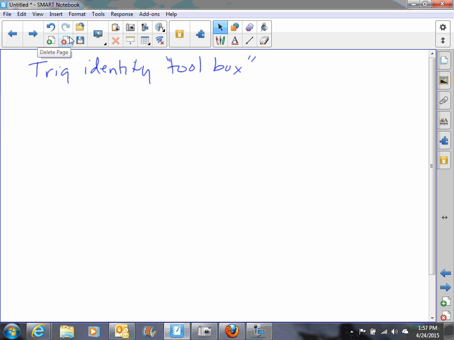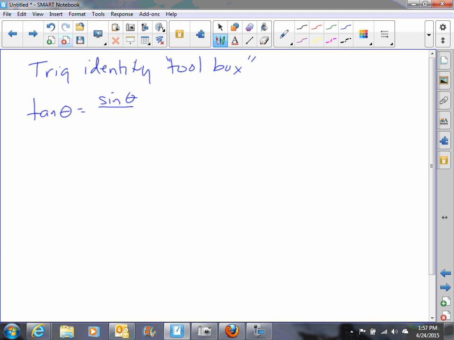A little bit earlier, in the first section of chapter 14, there were some basic identities given in a concept block, and they were things like the tangent of theta is equal to the sine of theta over the cosine of theta. And let's see what else we had.